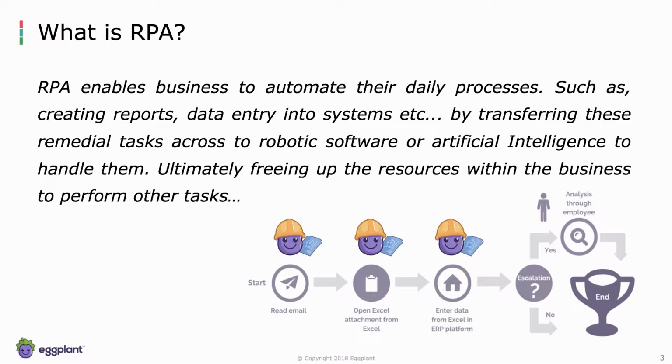Now, these can be machines which have robotic software enabled on them, or it could be whereby the utilization of artificial intelligence comes into play. By computers dealing with those repetitive tasks, this frees up the resource capabilities within the business, meaning that these users are now able to take on new responsibility and work on more exciting things.